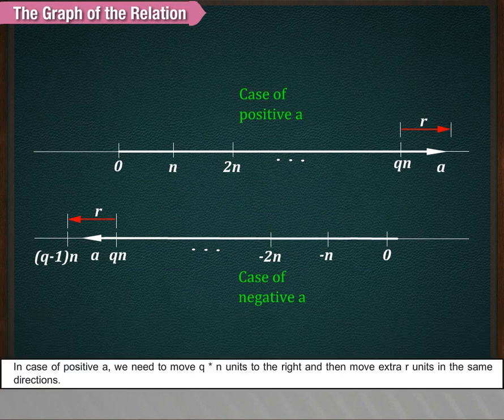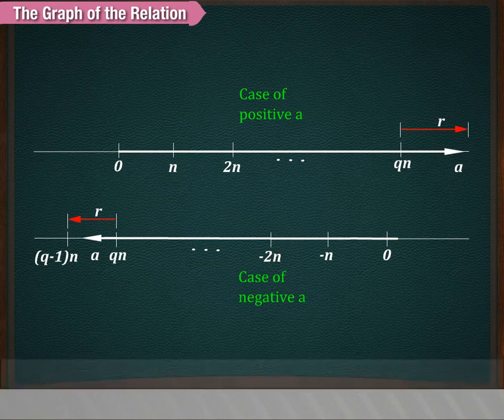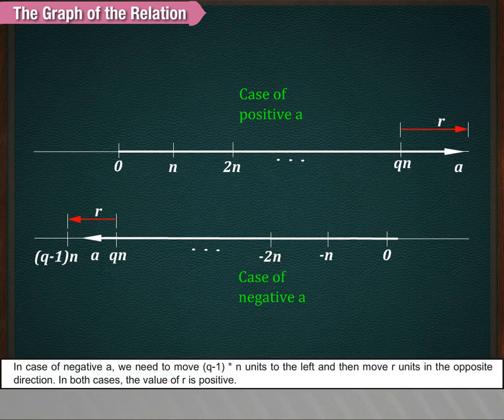In case of positive A, we need to move Q into n units to the right and then move extra R units in the same direction. In case of negative A, we need to move Q minus 1 into n units to the left and then move R units in the opposite direction. In both cases, the value of R is positive.